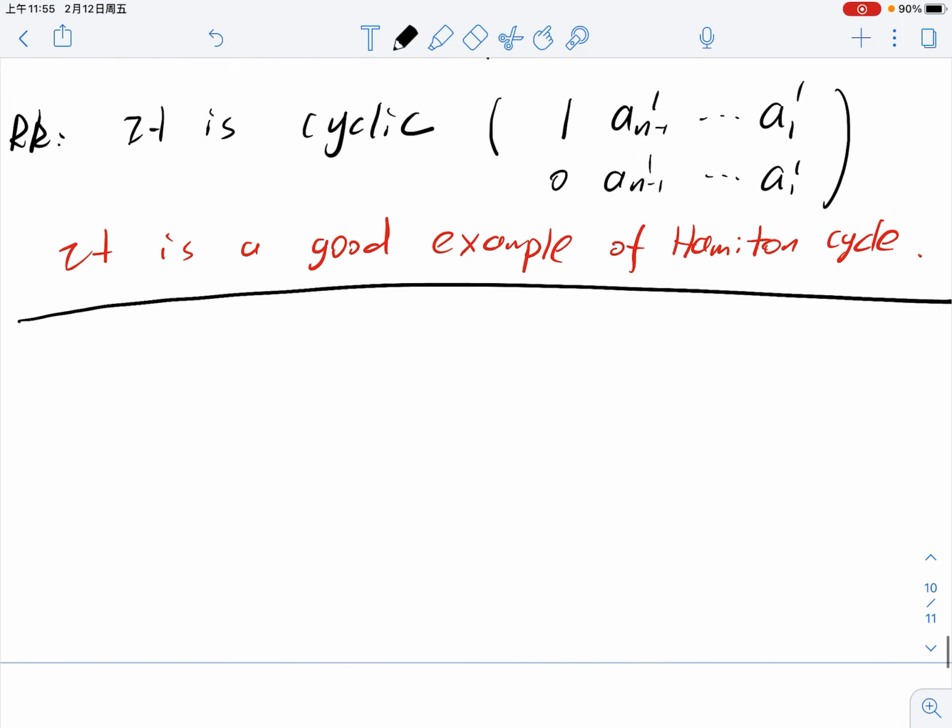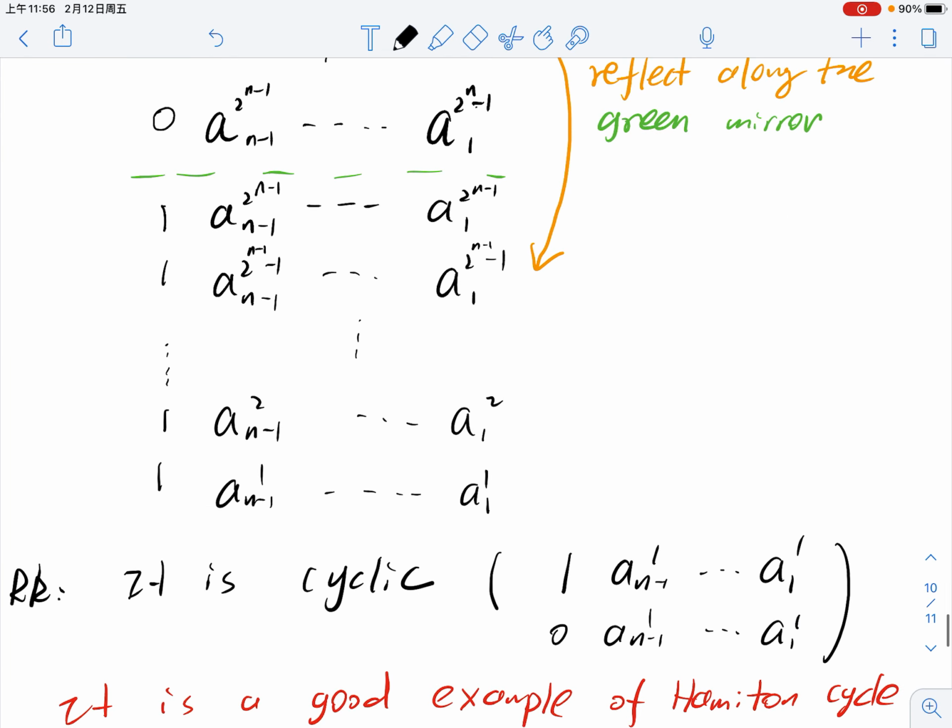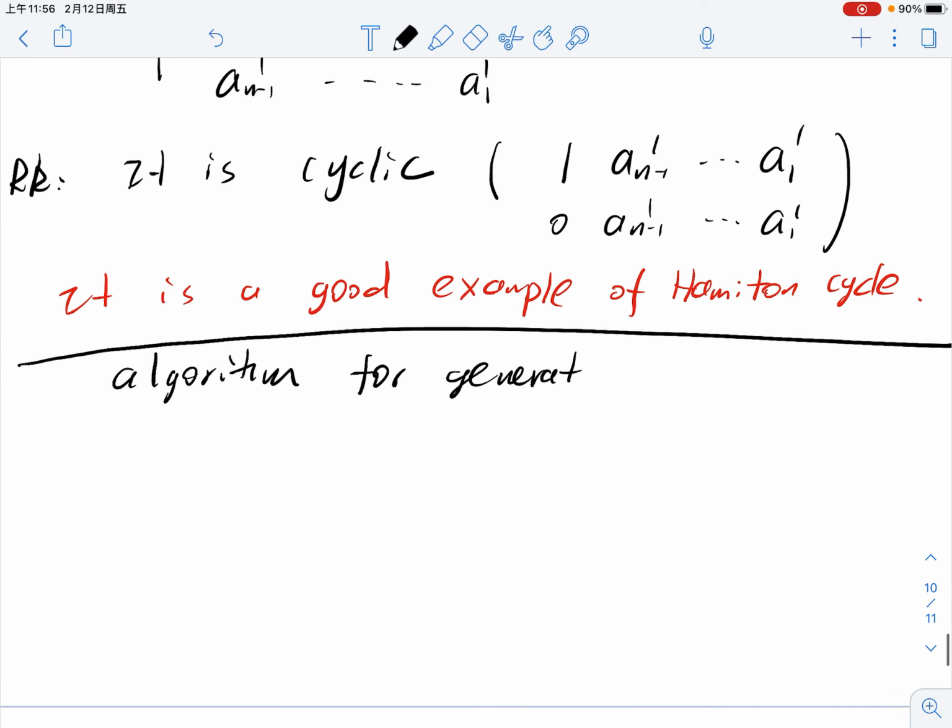Now, if you want to put it into the computer, we do some variation. Because if we use this reflecting method directly, then you need to store a large portion of data. That's not so convenient.